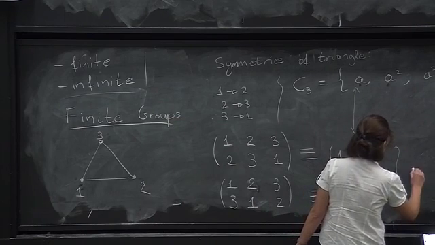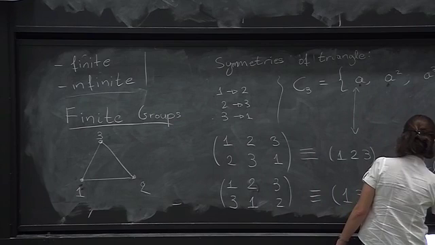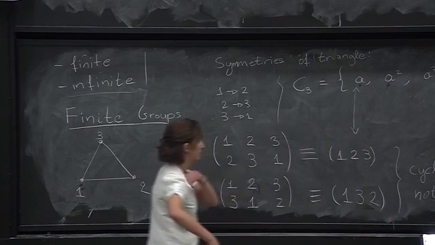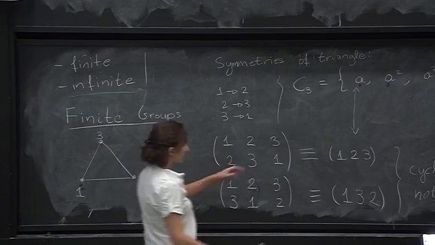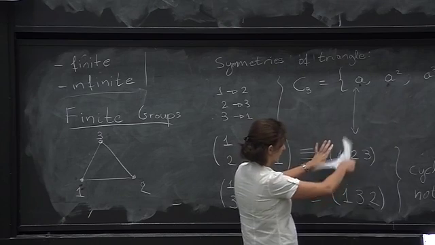And this is called the cyclic notation. This is a cycle because the elements here permute in a cyclic way.